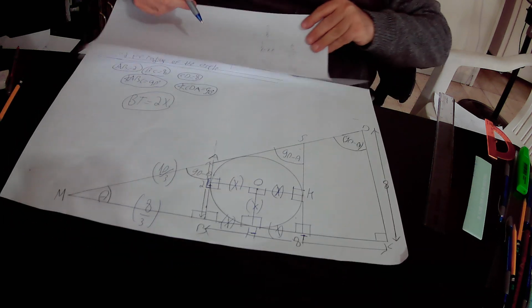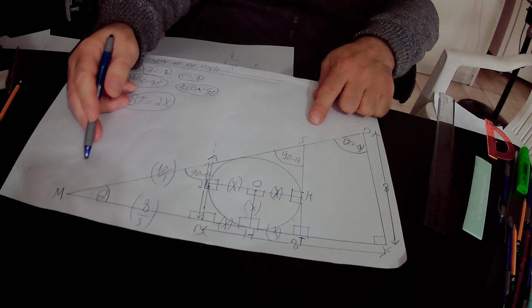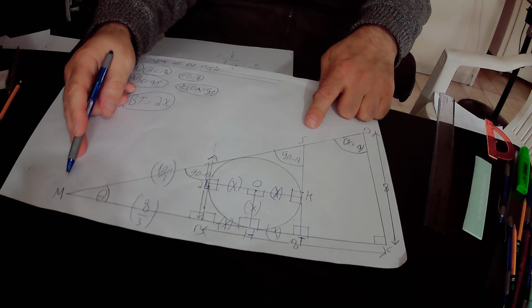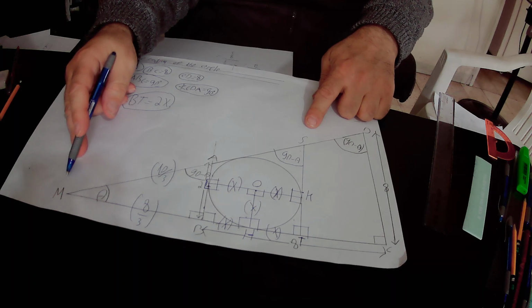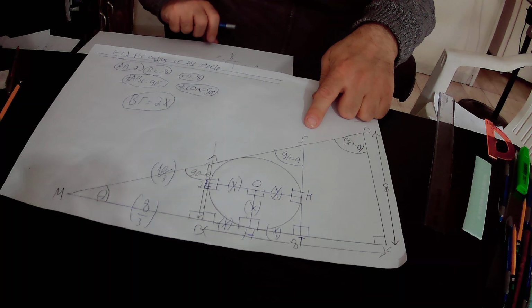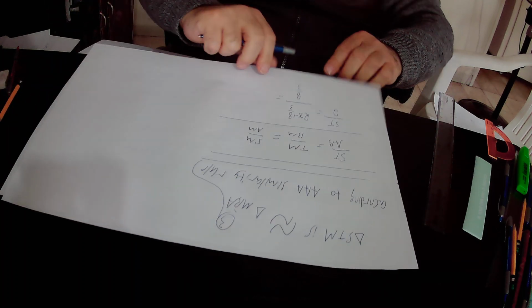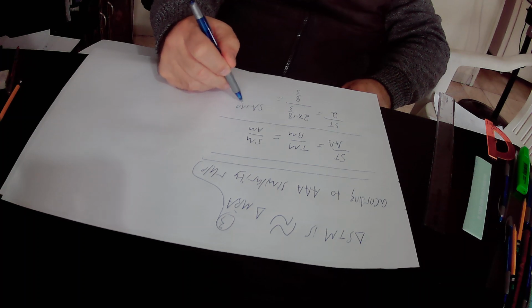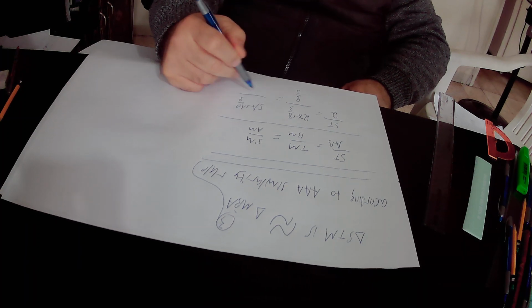What is the length of SM? From the drawing, it is very easy to see that SM in total equals SA plus AM. That is to say, SM equals SA, that is the missing side, plus AM, that is 10 over 3. So in total, SM equals SA plus 10 over 3, divided by AM.